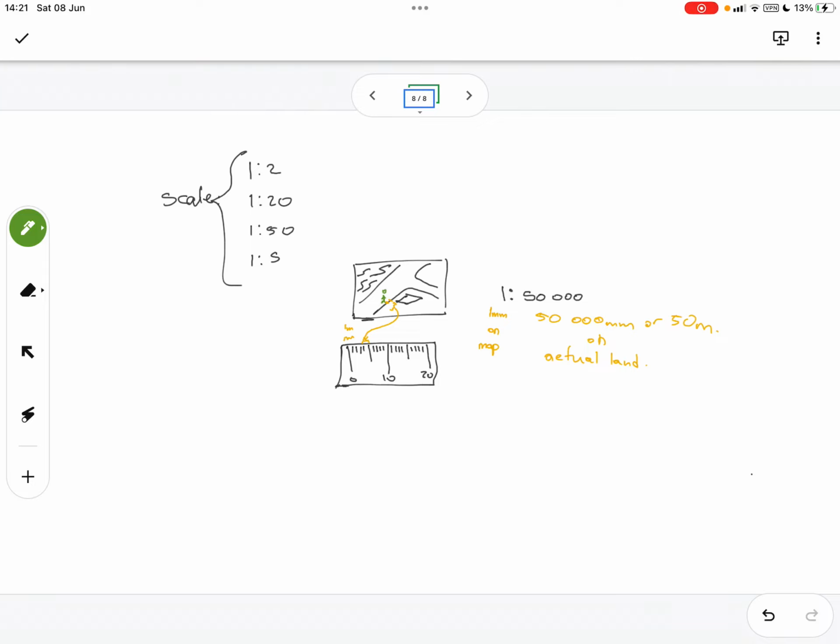Let's see, dimensions of a soccer pitch. How long is 50 meters? Google. Compared to everyday things. 14 common comparisons.